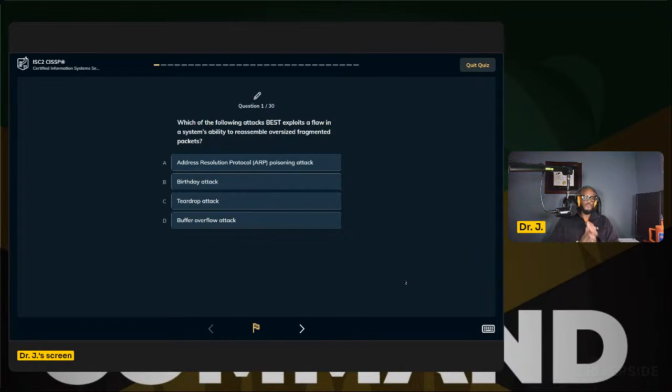So, which of the following attacks best exploits a flaw in a system's ability to reassemble oversized, fragmented packets? Exploits a flaw. I think this is going to be teardrop attack.